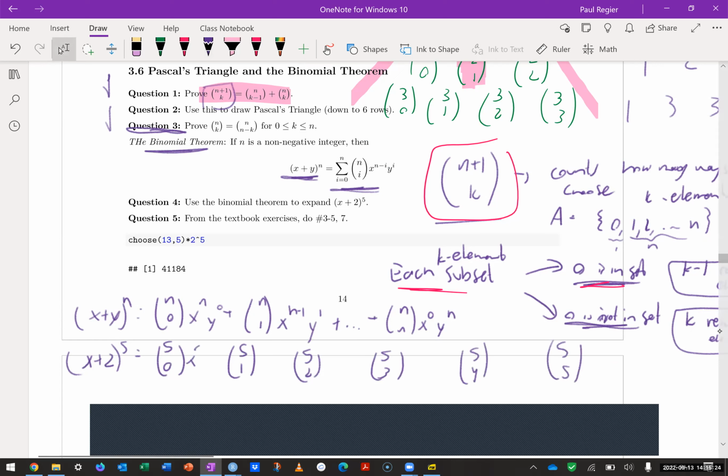And I go x to the 5th, y to the 0, x to the 4th y to the 1, x cubed y squared, x squared y cubed, x y to the 4th, x to the 0 y to the 5th.